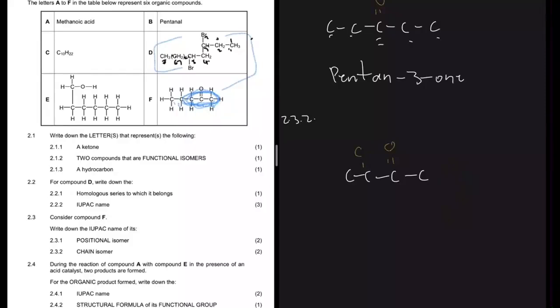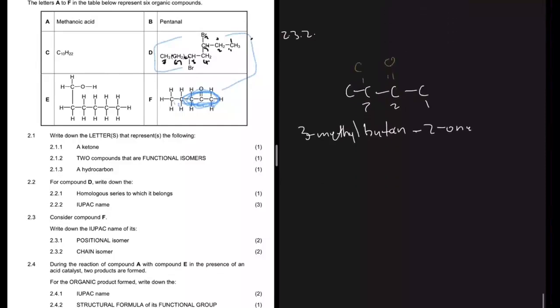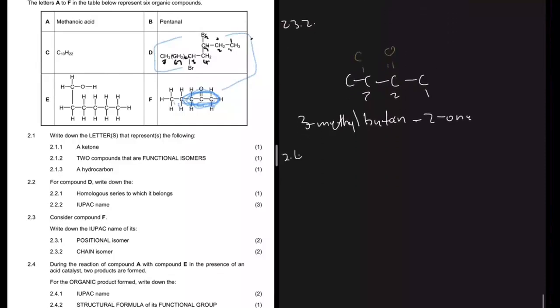So in this instance, if this is what we are going to have, it's going to be butan-2-one, right? So if this is 1 and we're saying this is 2, then this is 3. So we're gonna have 3-methylbutan-2-one, and then that's a chain isomer for compound F.